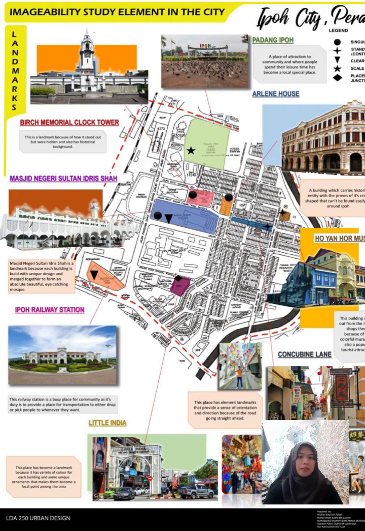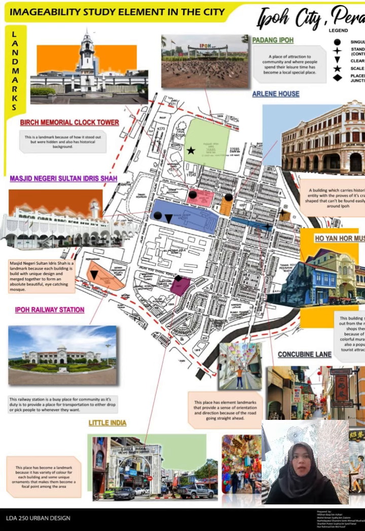Usually only the main building of a mosque has a beautiful design to make it stand out, and the rest of the buildings will be simple. But it's different with Masjid Negeri Sultan Idris Shah, as its whole building is filled with unique and beautiful craftsmanship. It's really obvious how pretty and eye-catching it is from far away.